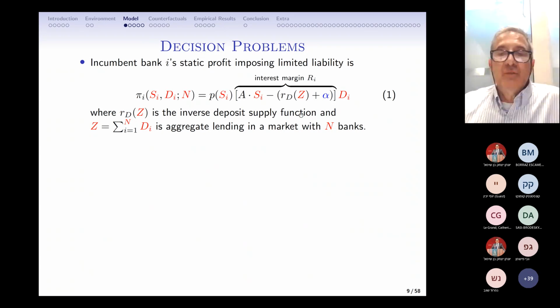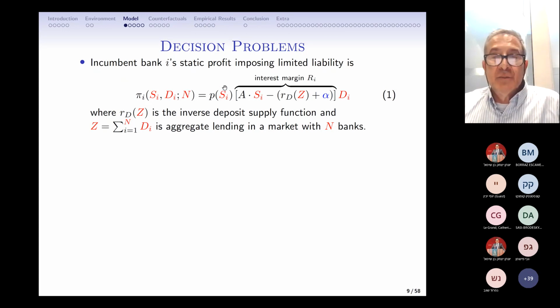So what I have here in equation 1 is just the static profits of a bank. The bank is taking as given the current market structure, that's the number of banks it's competing with. With probability P, the project is successful. The interest margin, or the markup over the costs of getting deposits, is what I will call the interest margin.